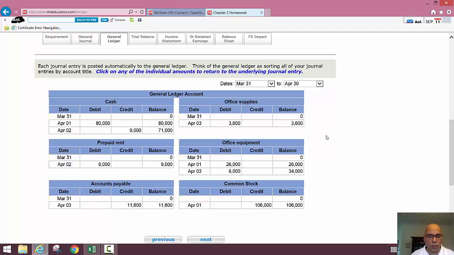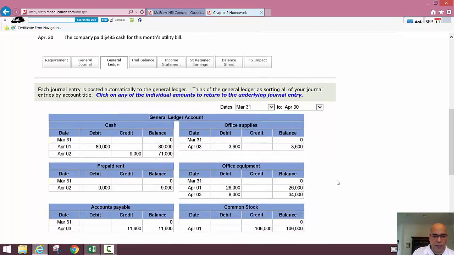So I forgot to look at our ledgers a little bit as we posted. Remember that first 80,000 came in, and then we posted the debit to cash of 80,000, and then I think he also gave this office equipment of 26,000. That was that first entry on April 1st, and so that gave us the stock of 106,000.